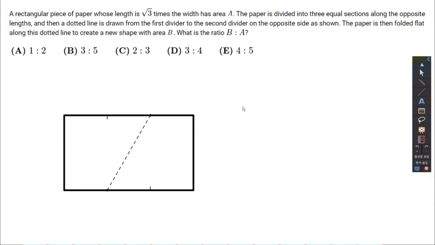So now the length is square root of 3 times the width in this rectangle. So let's say the width is 6, so the length is 6 times square root of 3. So each of these will be 2 times the square root of 3.